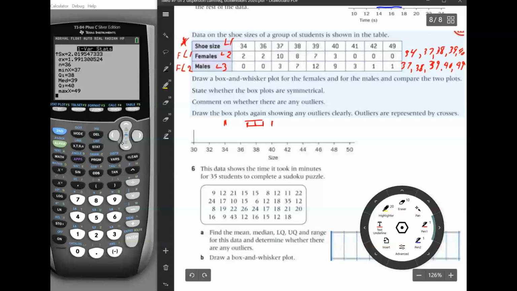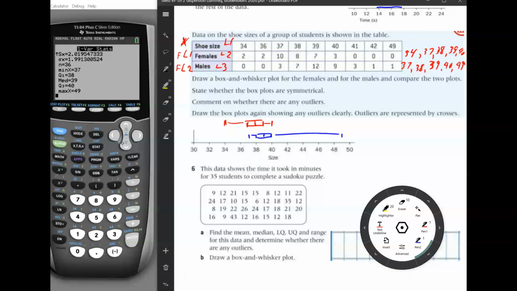And then I draw a rectangle around the middle 3, and then I draw whiskers to the other 2. And now I'm going to do the boys. So 37 is the first of the 5-number summary. Then 38, 39, 40, and then 49 is the rightmost one. And I draw a rectangle around that, and my whiskers. So those are my box plots.